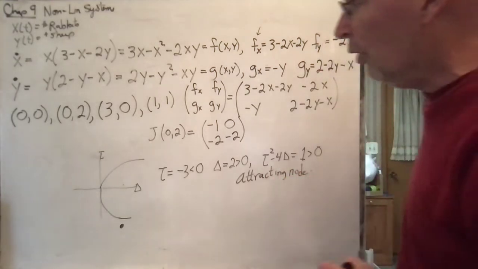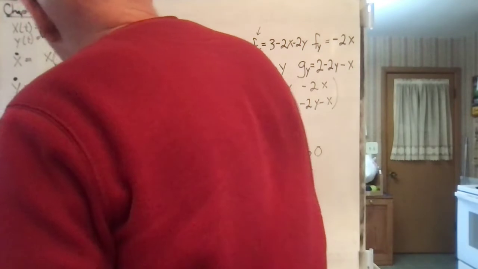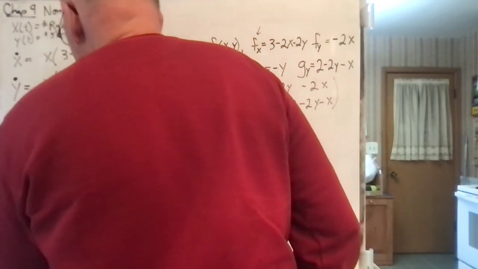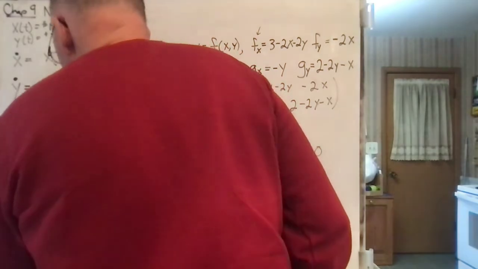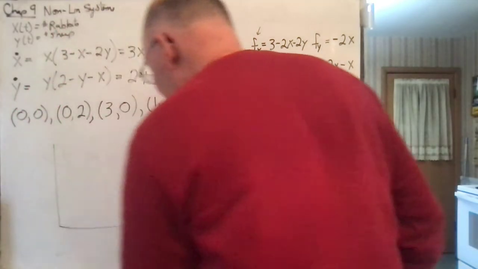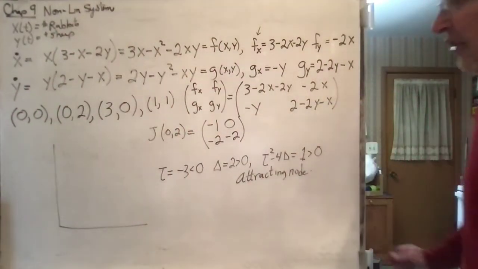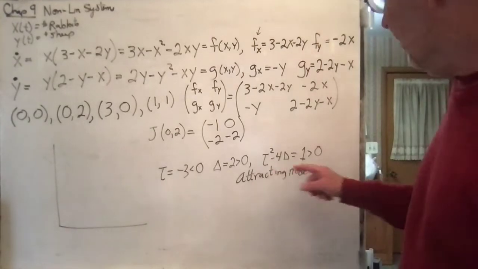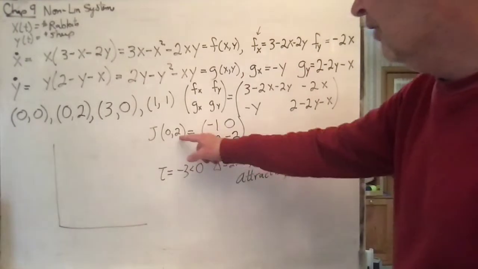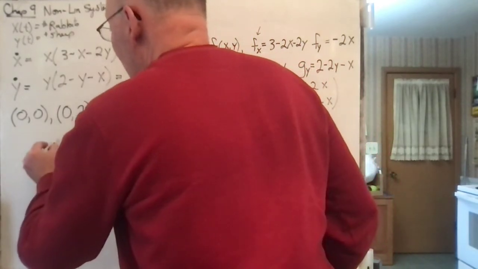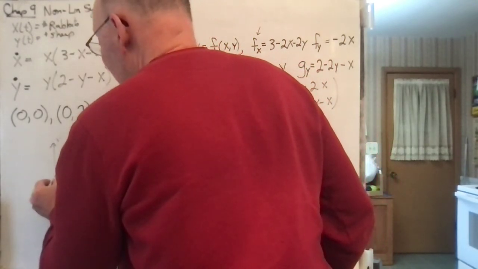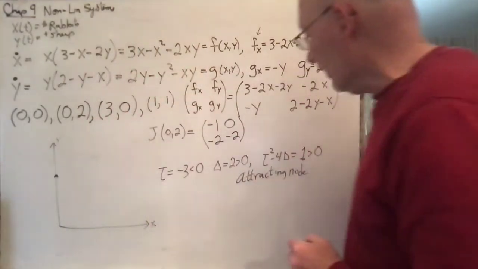Okay, so here's the point. You're going to first read through the textbook, read through this whole example, and then you're going to do your own. But at the point 0,2, here's your x-axis, here's your y-axis, at the point 0,2 right there, you've got yourself an attracting node.